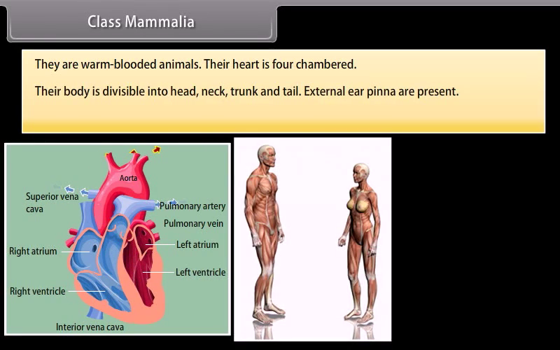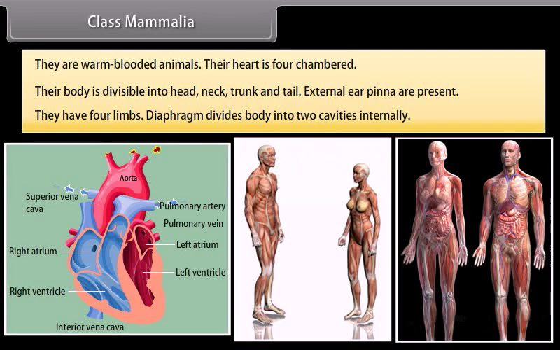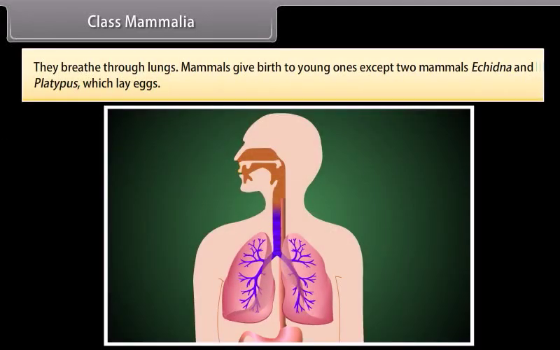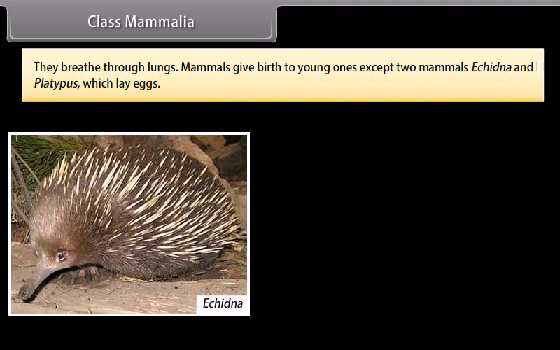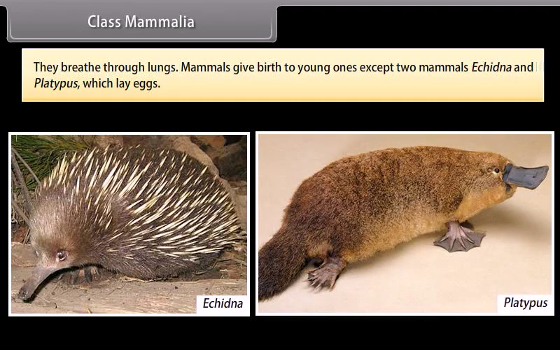Their body is divisible into head, neck, trunk, and tail. External ear pinna are present. They have four limbs. Diaphragm divides the body into two cavities internally. They breathe through lungs. Mammals give birth to young ones except two mammals, Echidna and Platypus, which lay eggs.